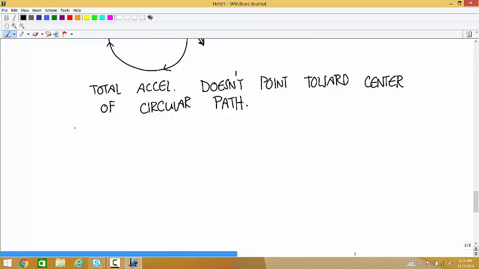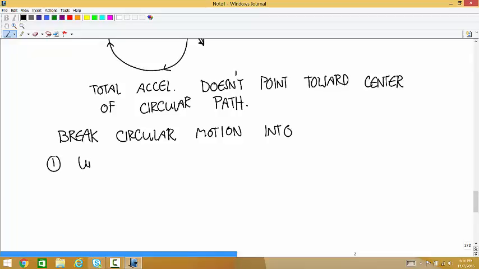All right, so we're going to break circular motion up into these two types of motions. The first one is called uniform circular motion.